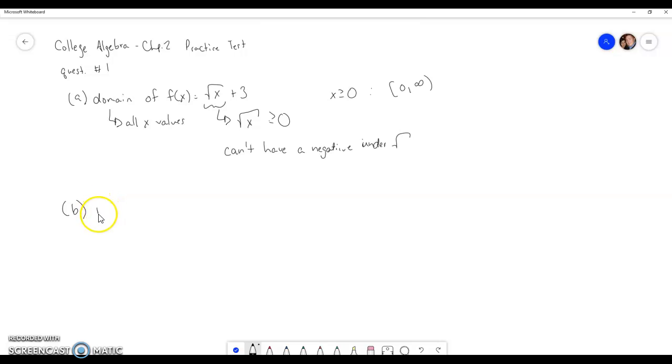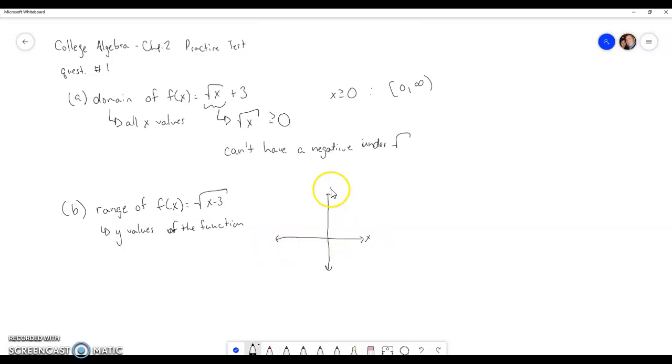B is the range of f of x is equal to the square root of x minus 3. Okay, remember that the range is the y values that your function will have. Okay, so if we're looking at this function, right?